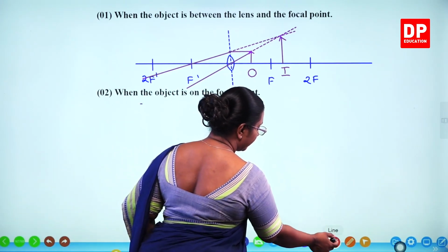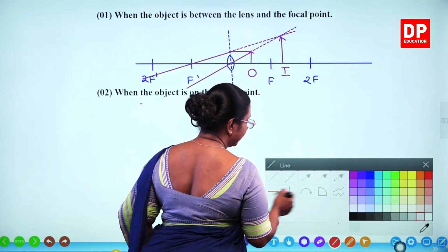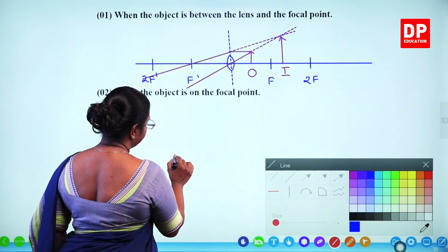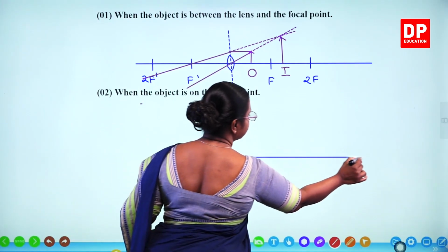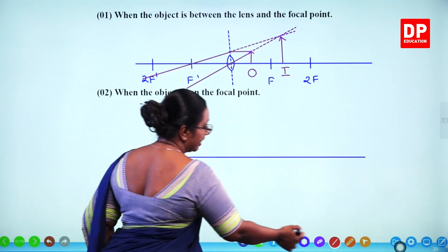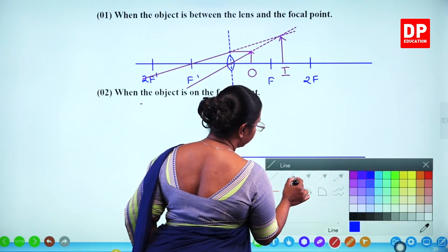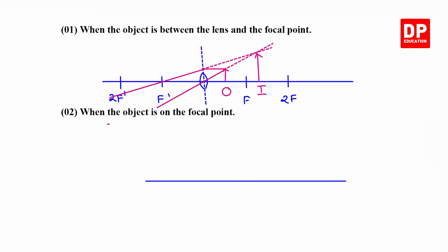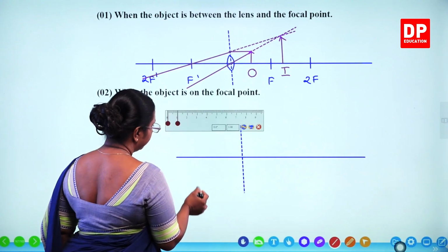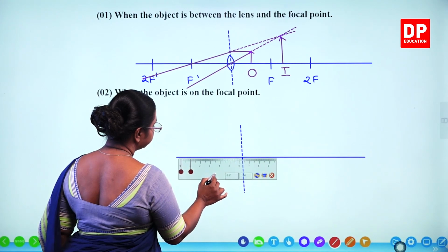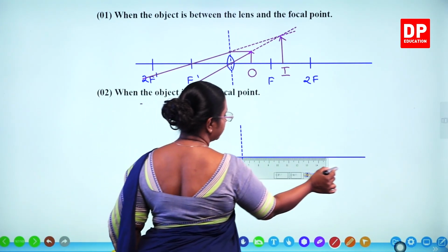So here I will need to draw a straight line for the principal axis. Then after that we have to draw the line for the lens.